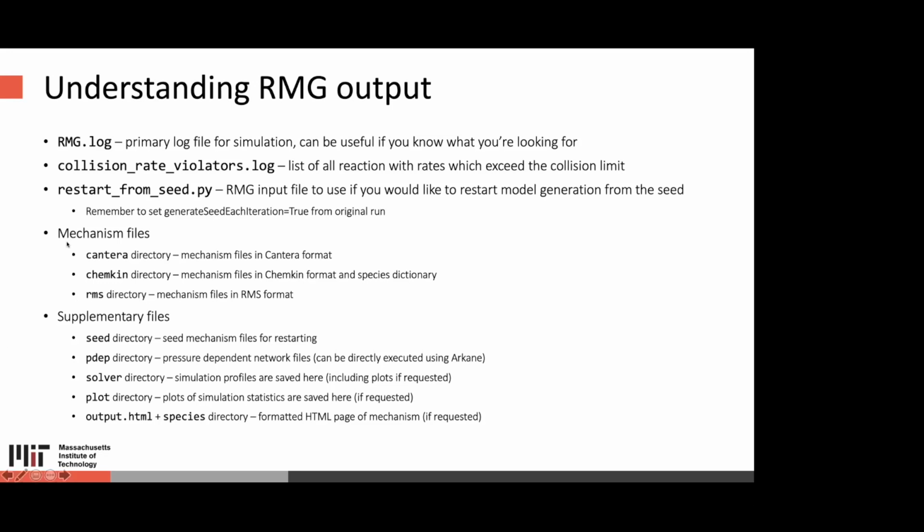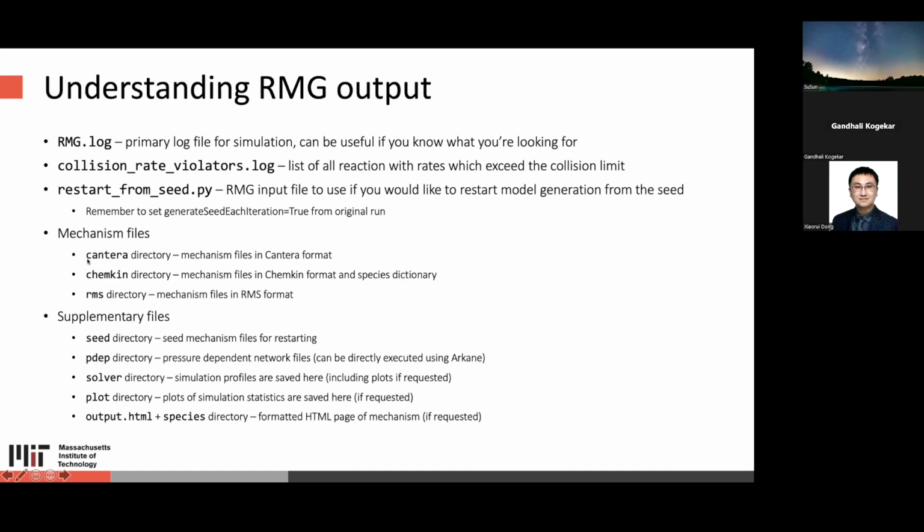For the mechanism files, you can go to the Cantera folder, the Chemkin folder, or the RMS folder, and the mechanism files will be located in different folders. For the supplementary files, we can also look at the seed directory, which is the seed mechanisms. If you click on that, you can see 3 subfolders.